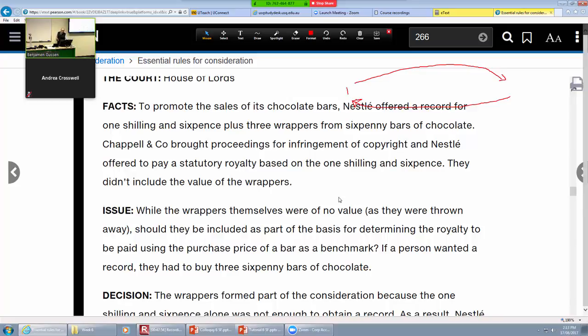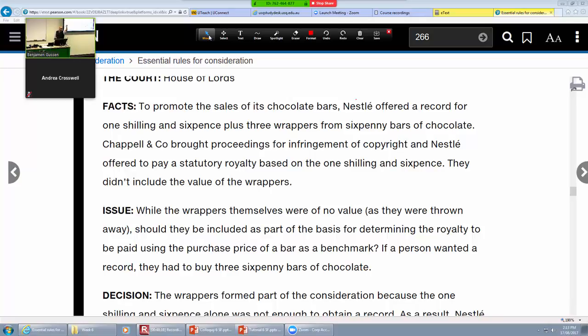It says to promote the sale of its chocolate bars, Nestle offered a record, like a CD, okay, for 1 shilling and 6 pence plus, I will give you that CD or record, but you have to pay me that money, and not only the money, 3 wrappers, okay, from 6-penny bars of chocolate.